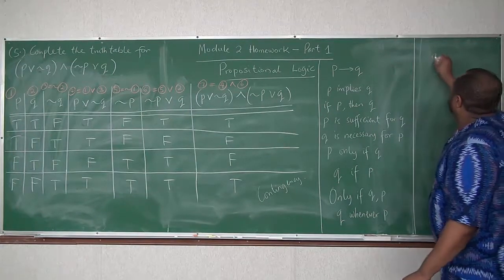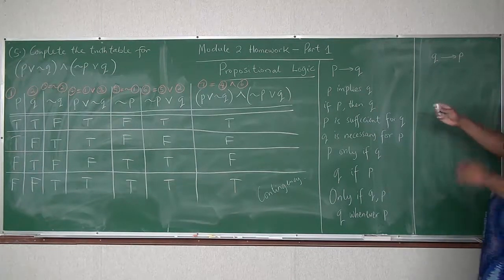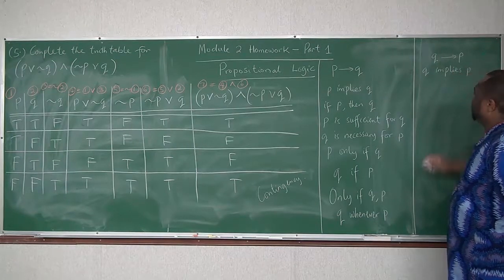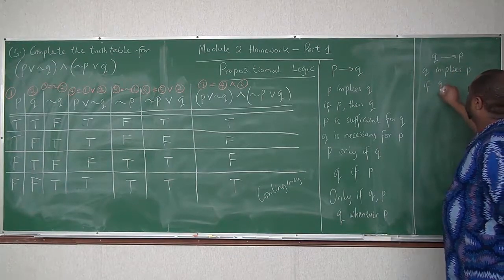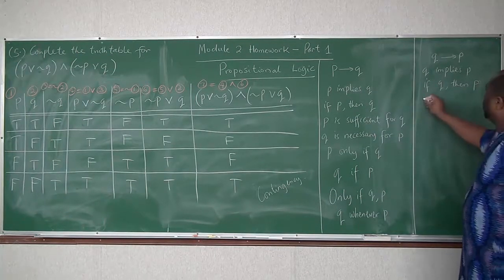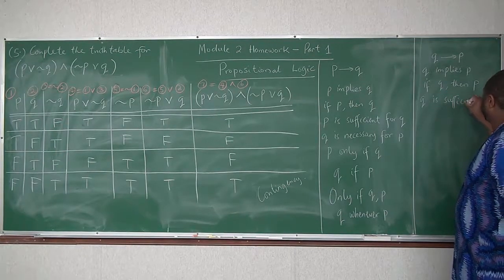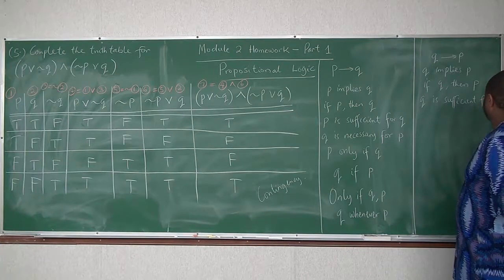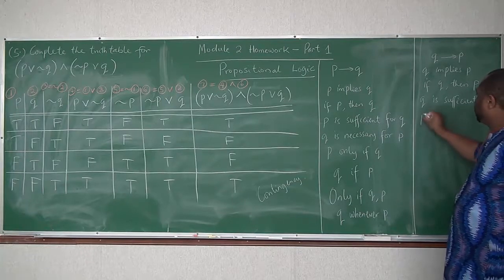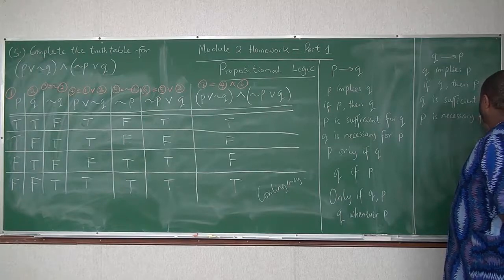If we have Q conditional P, this means Q implies P. If Q, then P. Q is sufficient for P. P is necessary for Q.